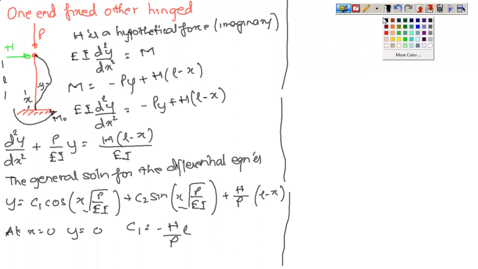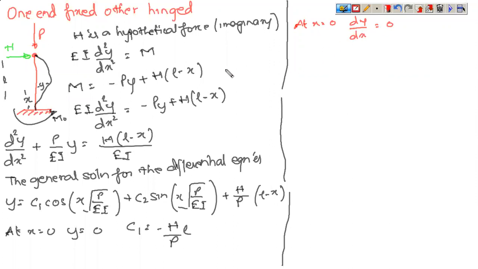Now let us come to the other boundary condition. At x is equal to 0, you have dy by dx again equal to 0.